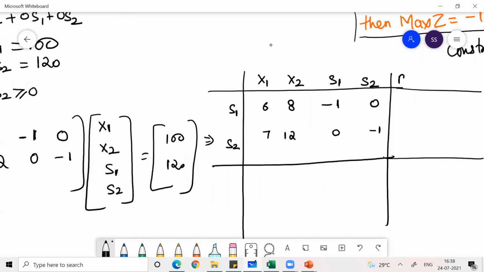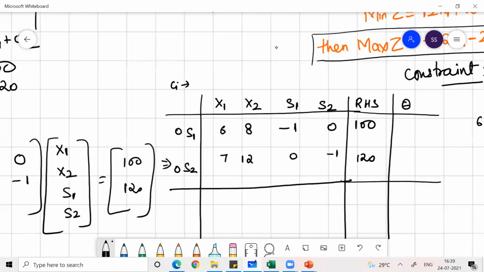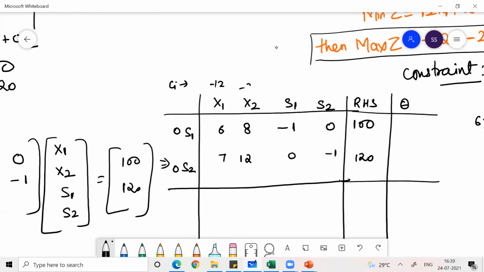Your RHS will be 100 and 120. Correct, right? And then we start solving it. These would be 0, 0. Then we'll write the CI values. CI values will be minus 12, minus 20, 0, 0. And then we'll start solving this equation.